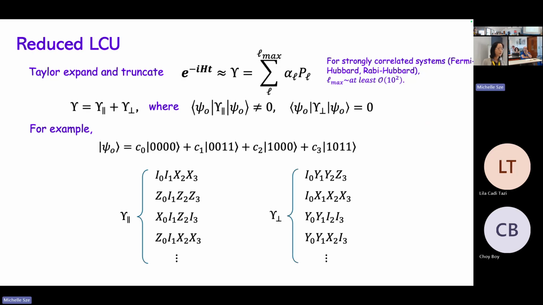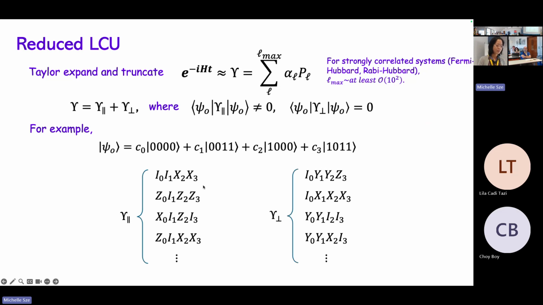Also, the assumption here is that you know your initial state, and your initial state will always have symmetry since we're considering some physical system. It won't take all the possible states in your Hilbert space. So for example, here your psi naught is given by these four basis states.